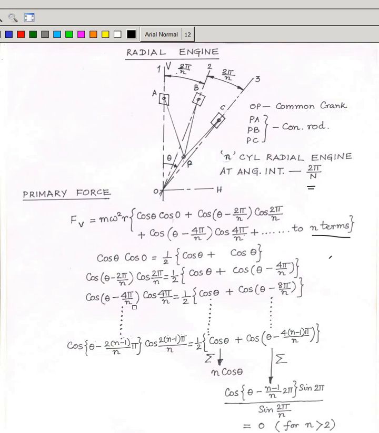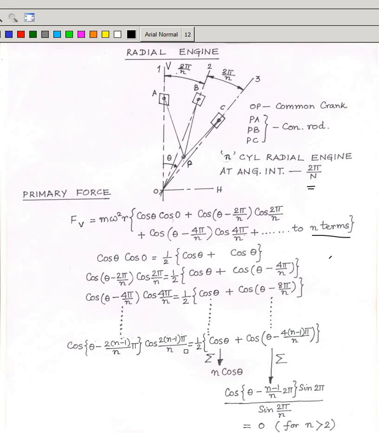And here cos(θ − 4π/n) cos 4π/n, cos(a − b) plus cos(a + b), and this is the last term, cos(θ − 2(n − 1)π/n) in place of 4π/n.